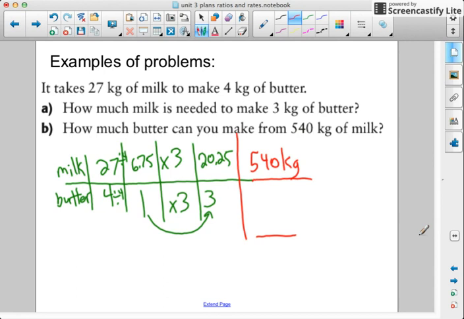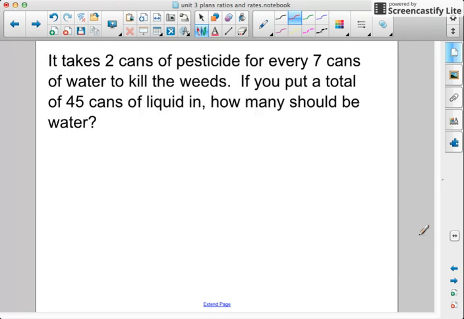Well, again, you could do it the same way we did it before, but if you recognize here, if I were to times 27 by 20, I would get 540. So I could times 4 by 20 and I would get 80 kilograms. Again, there's different ways of solving these problems.